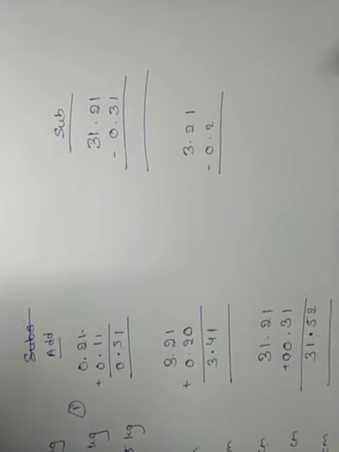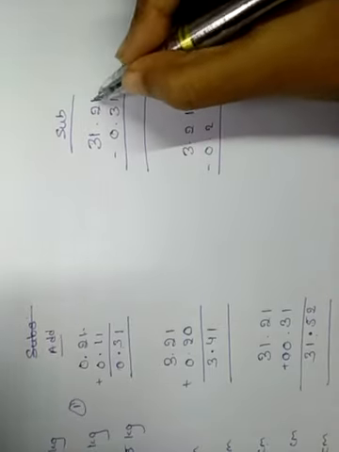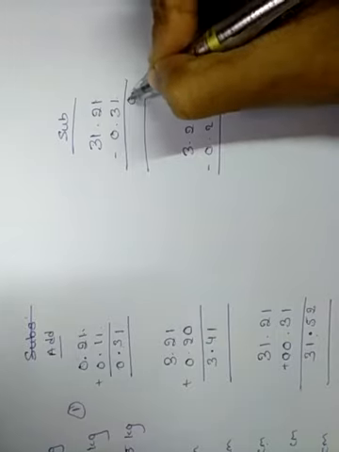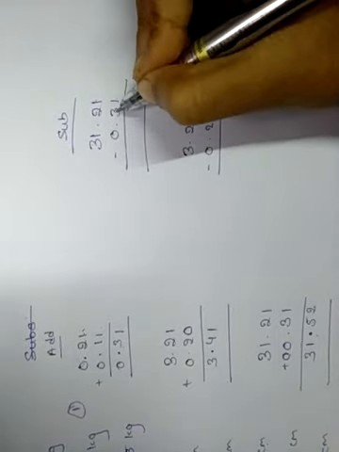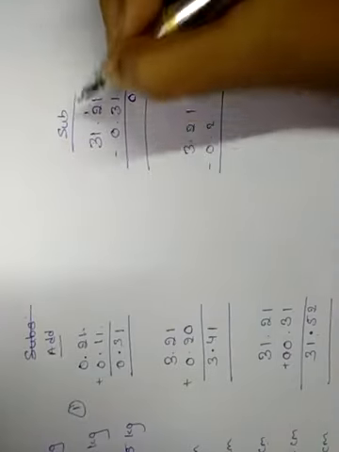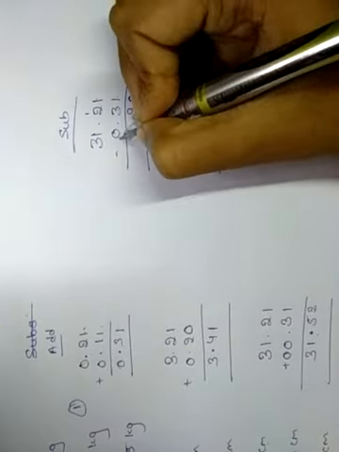Next we will learn how to subtract two decimal numbers. 1 minus 1, that is 0. 2 minus 3 will give carry 1 again. 12 minus 3 will get 9. Here we'll take the carry down.